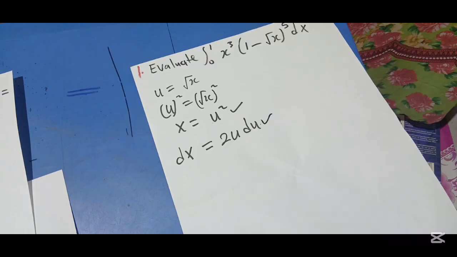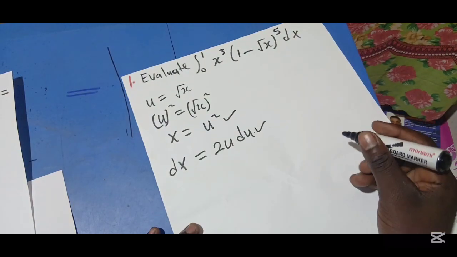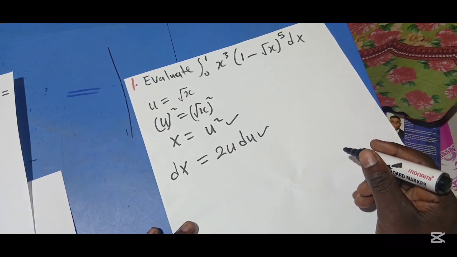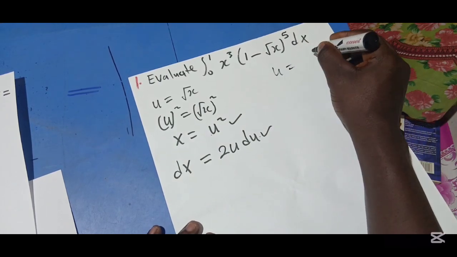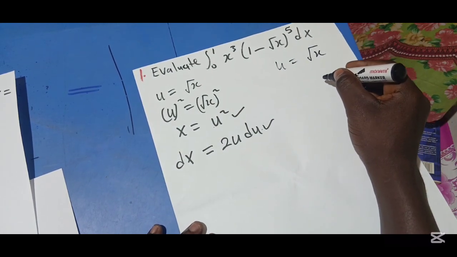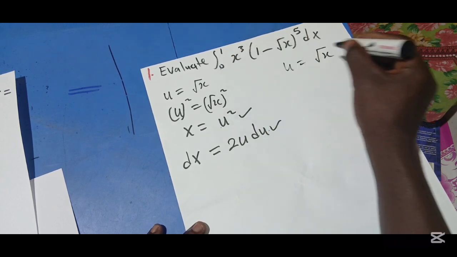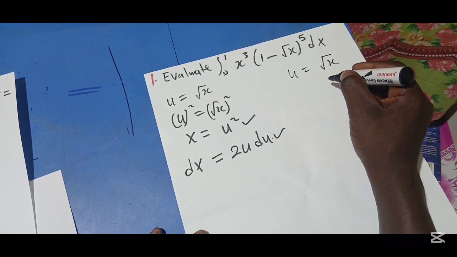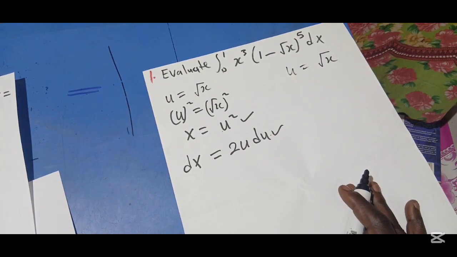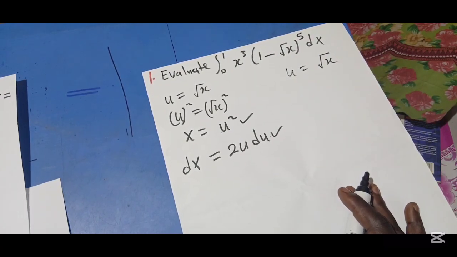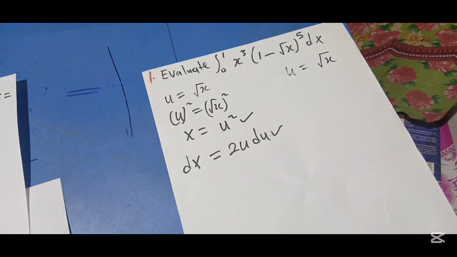And one thing we also need to do is to check our limit. Because we are doing substitution, we have to check the limit. And we said u equals root of x. So if x equals 0, what will happen to our limit? Because we all know that before we can apply the idea of beta functions, the limit should be 0 to 1. So we have to check.